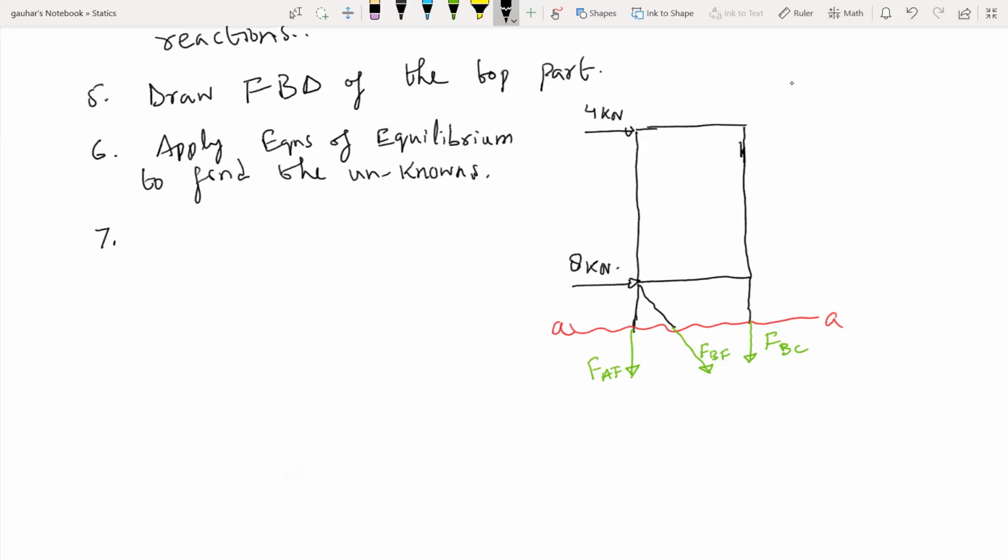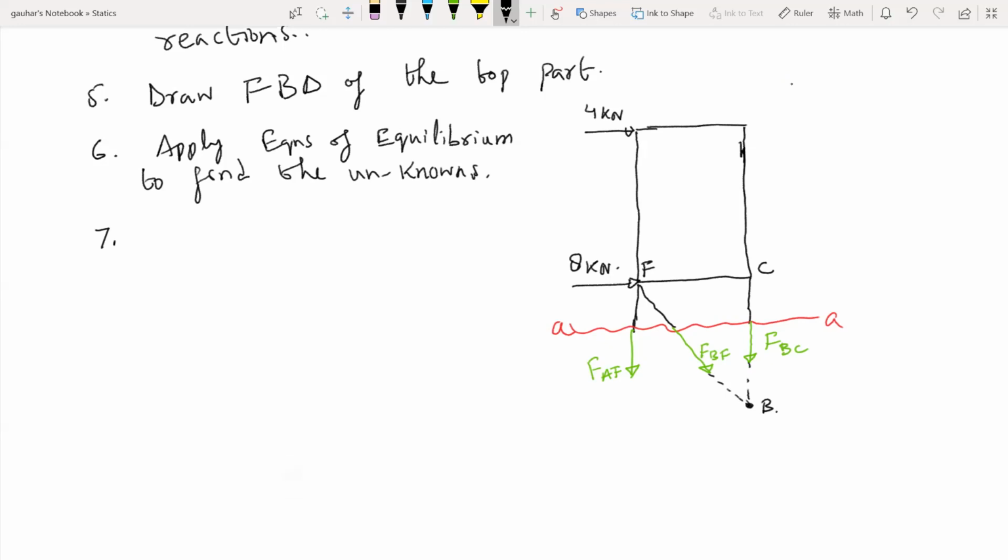So first thing, this is point C, this is point F, and this is point B, right?